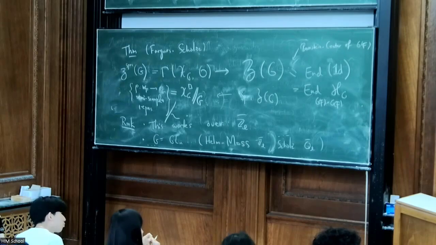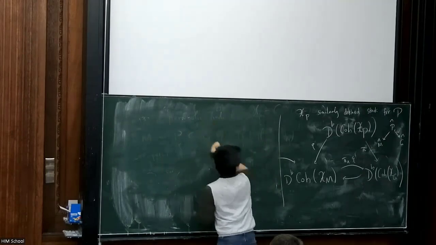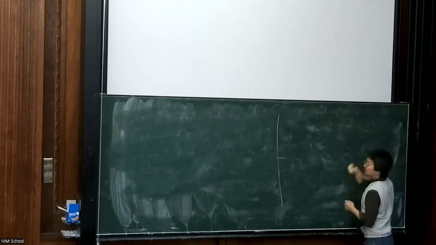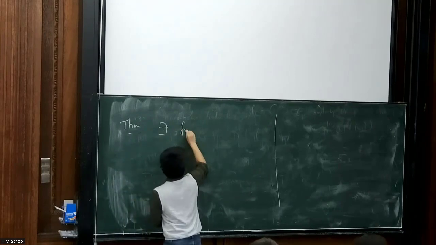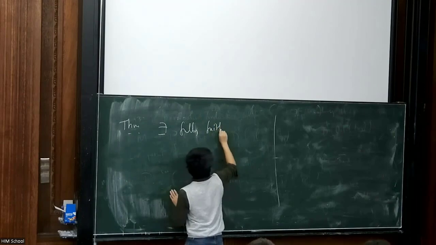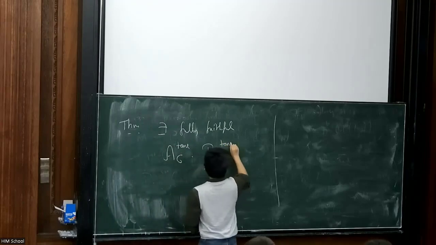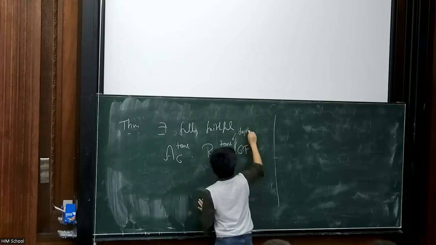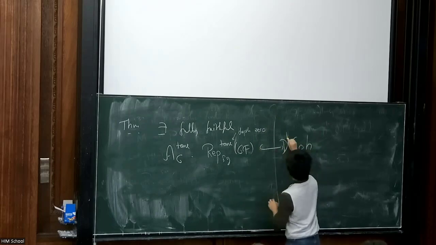Okay, so another piece of evidence I also want to mention. There exists a fully faithful functor from the category of depth zero representations of G, and everything needs to be derived.